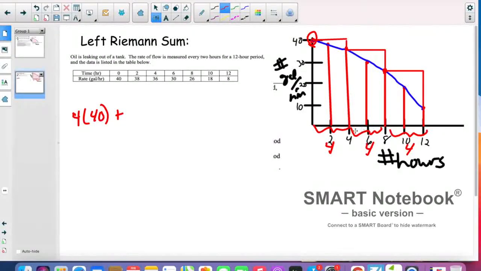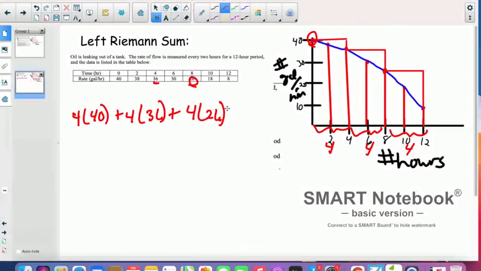The base is 4, the height, and that would be what it is at 4, would be 36. So we've got 4 times 36. Plus, for the third rectangle, the width is 4 and the height, what did we have at 8? Well, at 8 it's at 26, so 4 times 26.